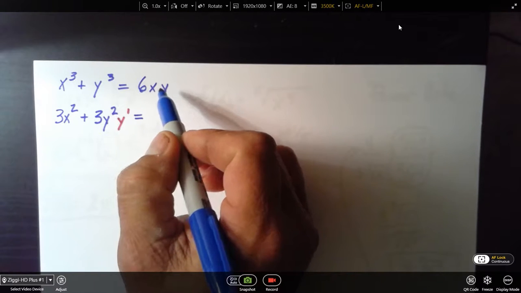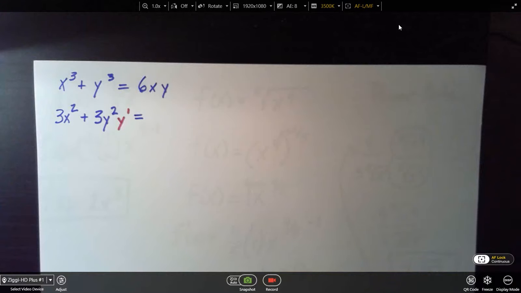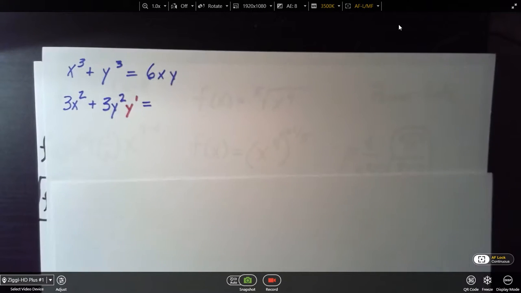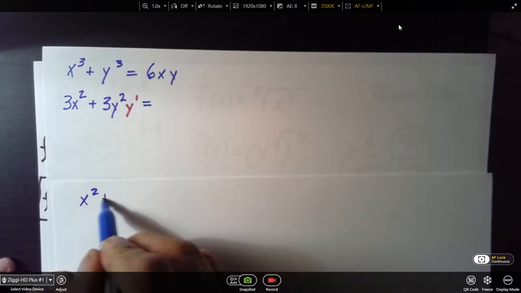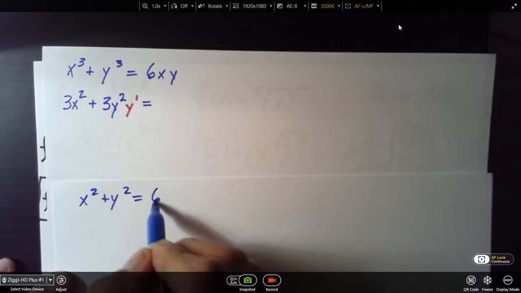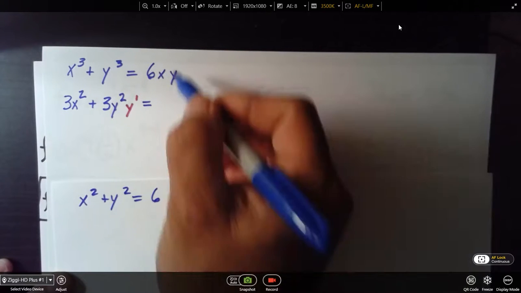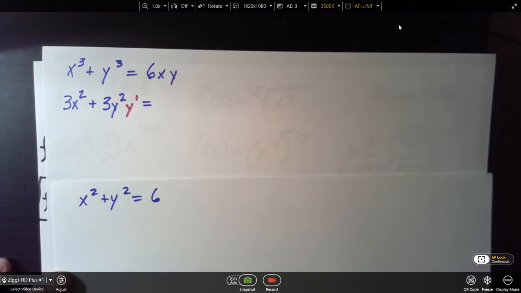In previous problems we had x squared plus y squared is equal to 6. And these are two different animals because this has an xy beside it, this one doesn't.